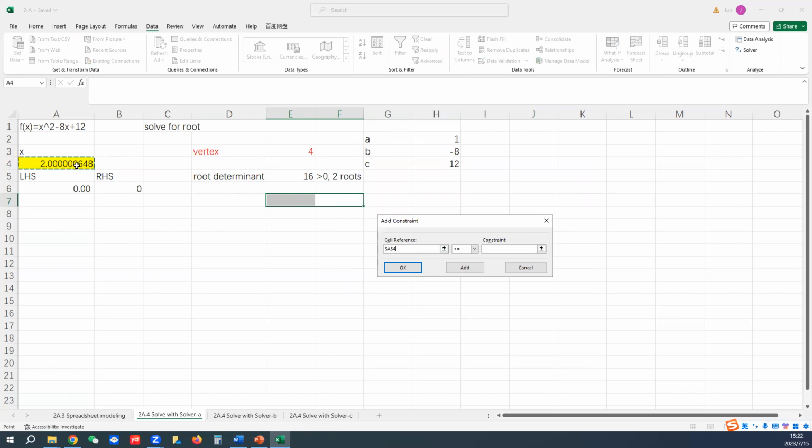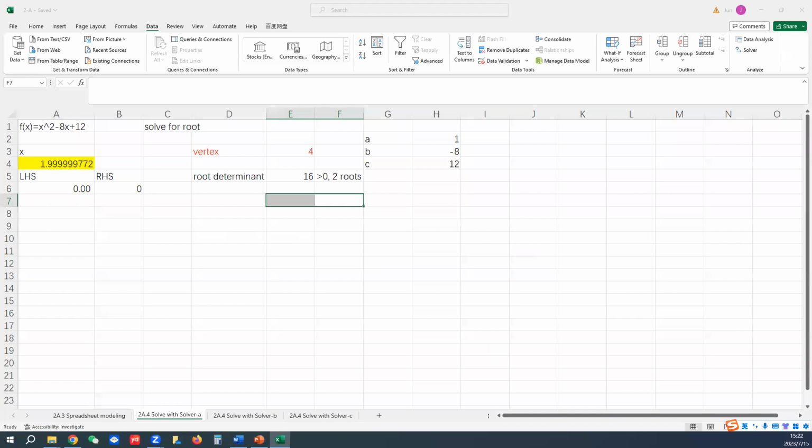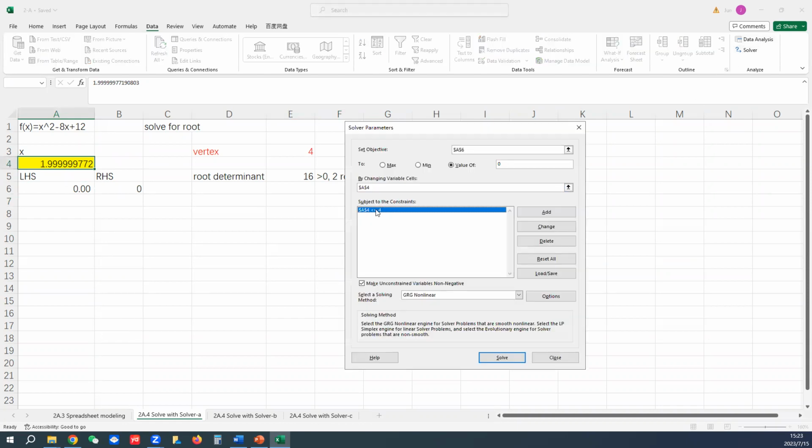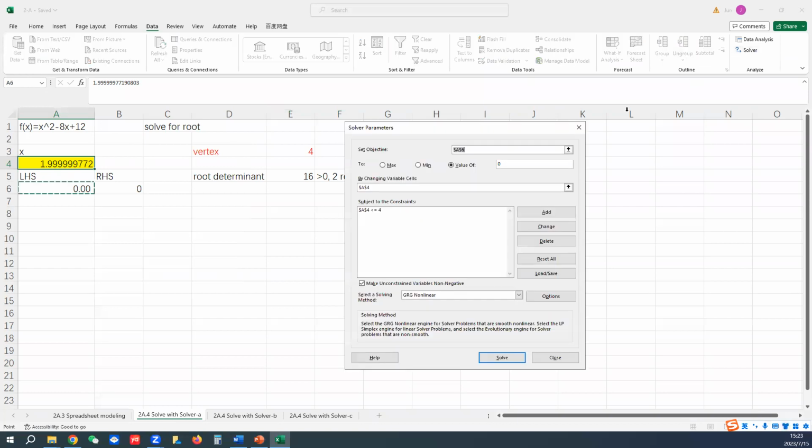What we do is set x smaller than 4, which is the vertex, and let it solve. So that should be one of your roots, which is 2, right? And then do it again. Change that into the other case.